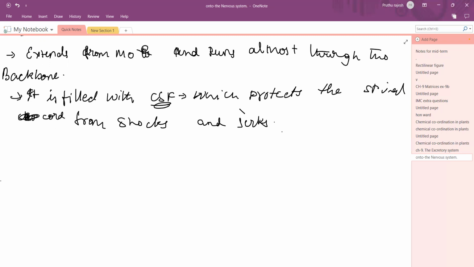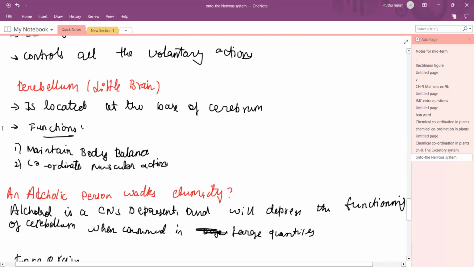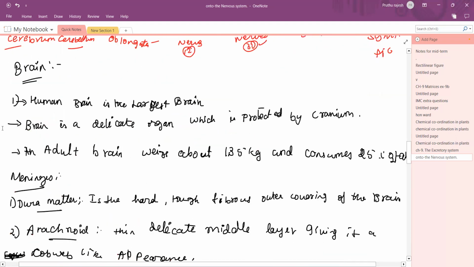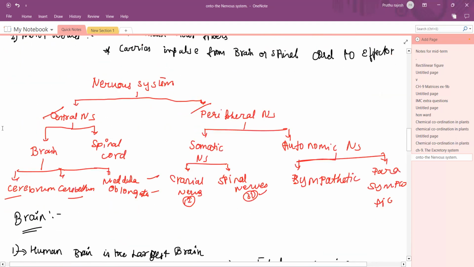Let us continue to the peripheral nervous system. In this mind map, we know the peripheral nervous system is divided into the somatic nervous system and the autonomic nervous system. The somatic nervous system is divided into cranial nerves and spinal nerves.